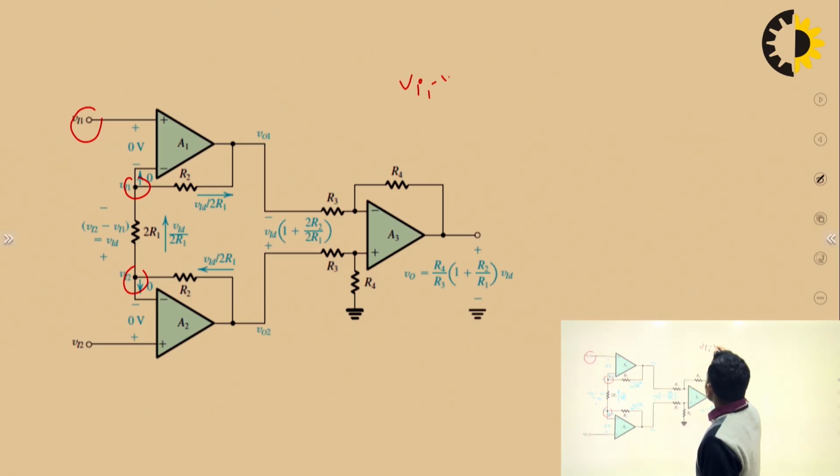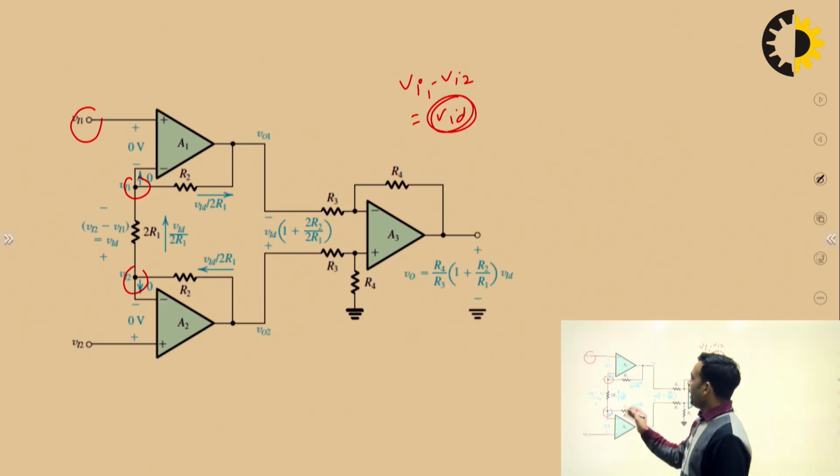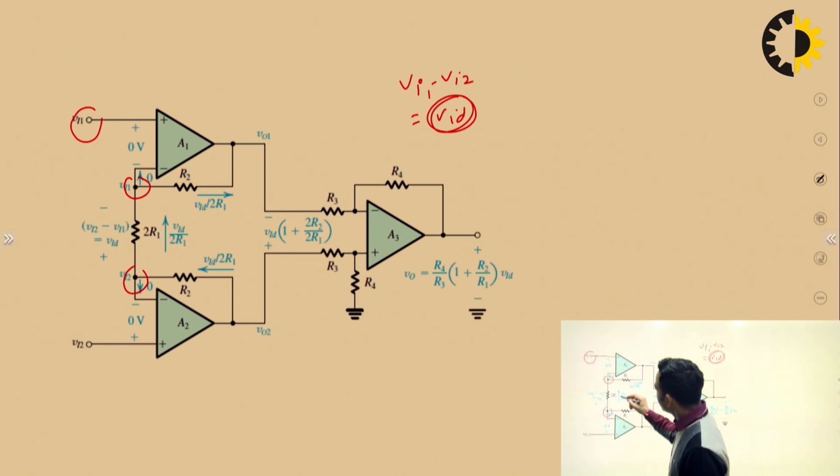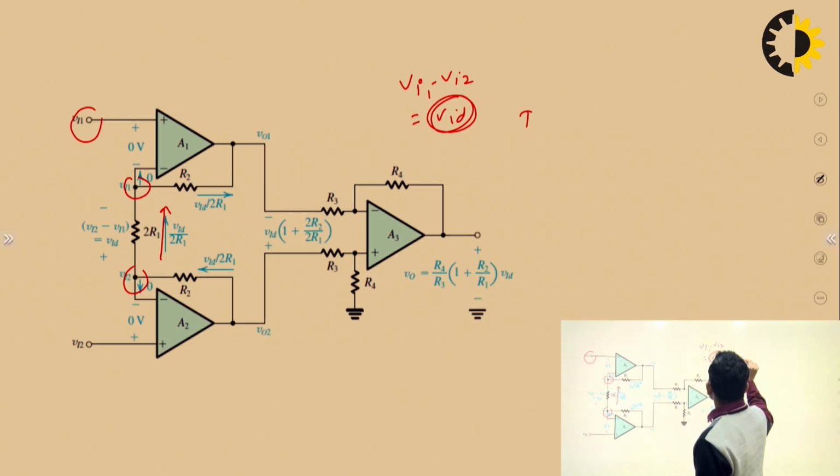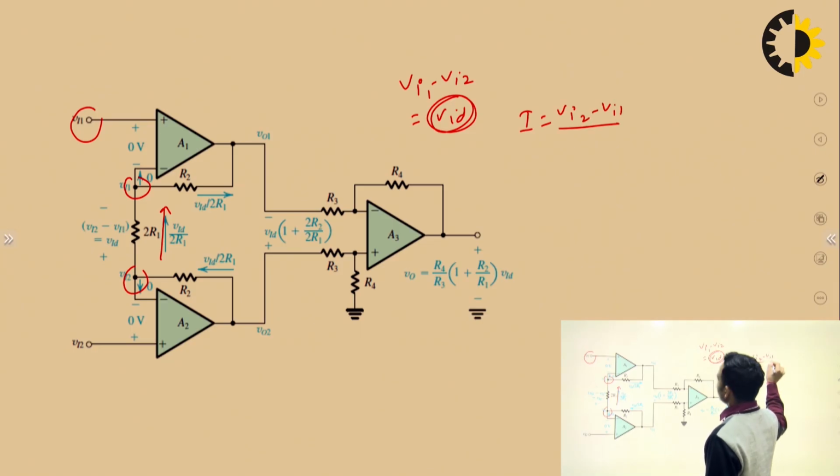Now see, input 1 minus input 2 is nothing but differential input voltage, that means VID. And what current will flow through this resistor? If I am considering the direction of current as this, that means Vi2 minus Vi1 upon 2R1. So, this current will be equal to Vi2 minus Vi1 upon 2R1.